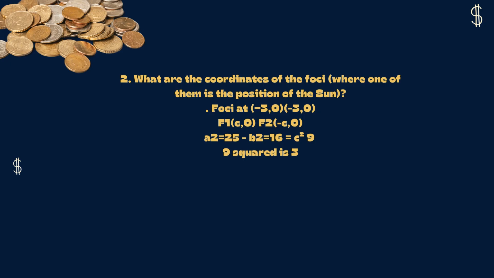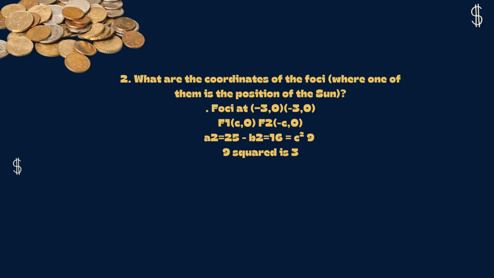Now we will get c squared to solve for the foci. So a squared is 25, which is given, and b squared is 16, which is also given. So 25 minus 16 is equal to 9. c squared is equal to 9. Now the square root of c squared is 3.